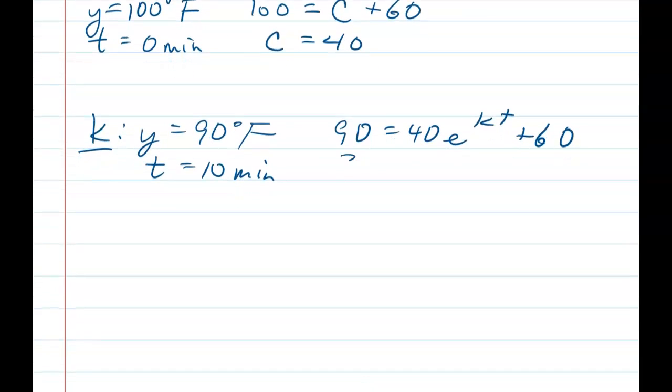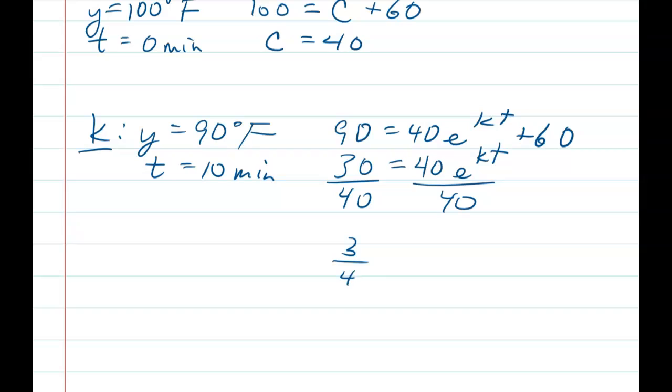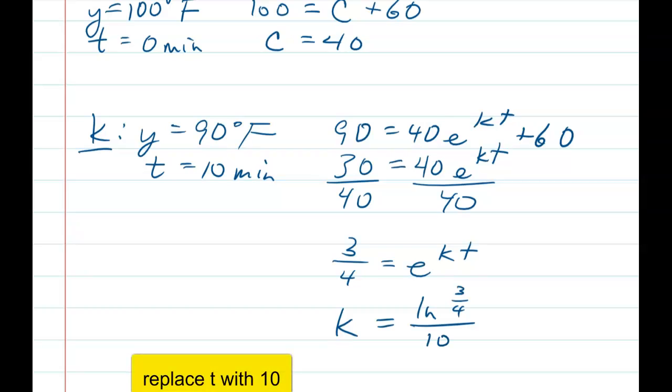As we solve, we'll get 30 is equal to 40 e to the kt, and we'll divide each side by 40. We'll get 3/4 is equal to e to the kt. And this ends up giving us k equals the natural log of 3/4 divided by 10.